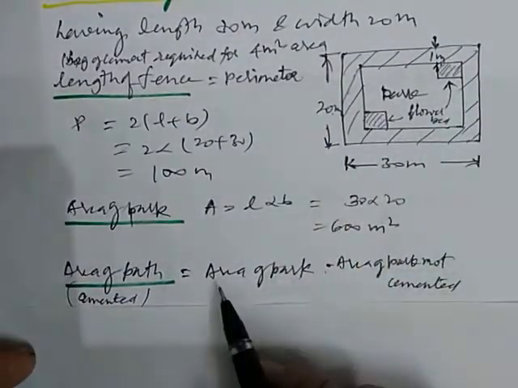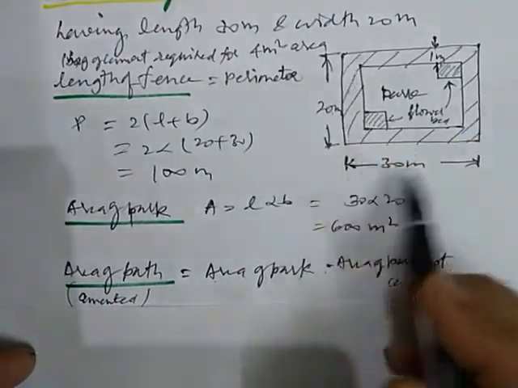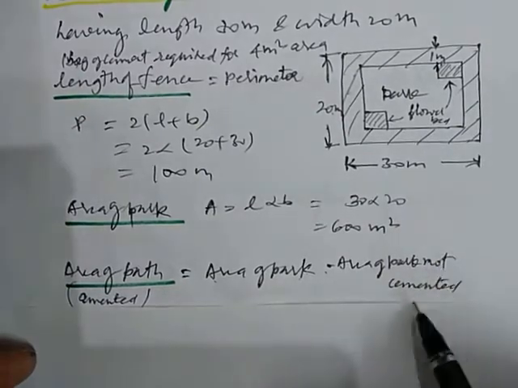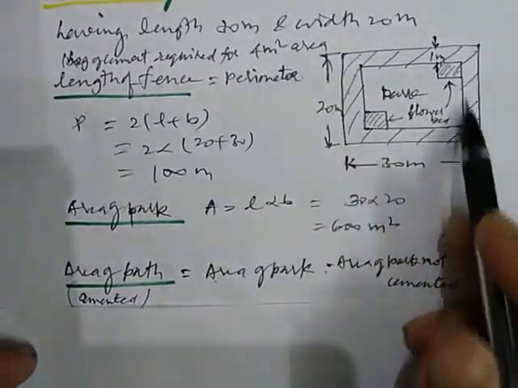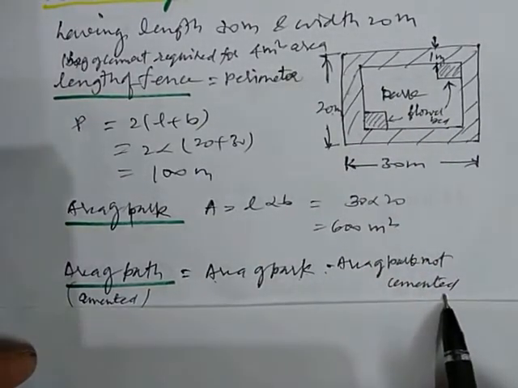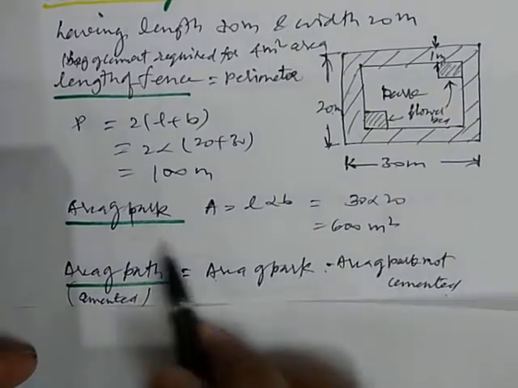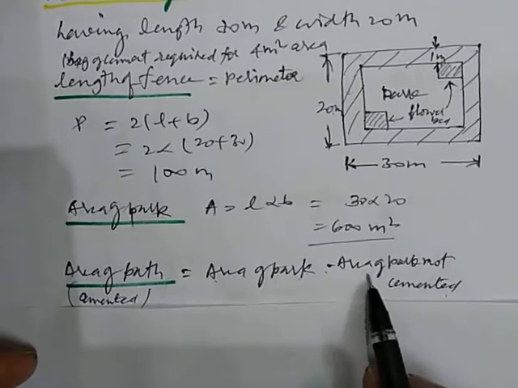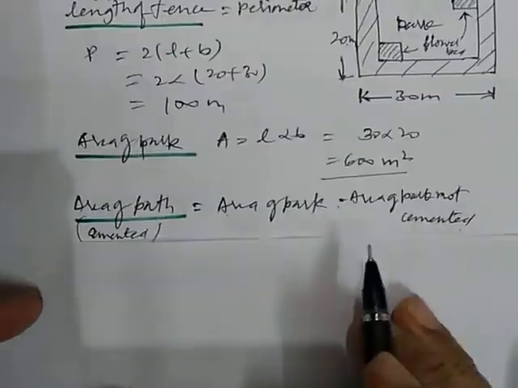So, first we take area of park, that is the whole area, minus area of park not cemented. This is the inner area which is not cemented. Okay? Here area of park we already calculated. Now we have to calculate area of park not cemented.